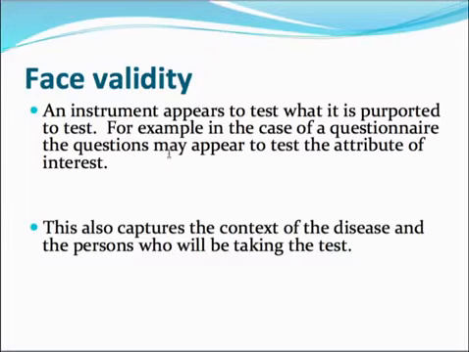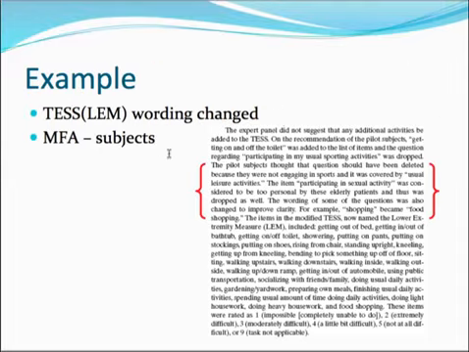Face validity has to do with content validity that we talked about before, which is just that the instrument appears to be measuring what it's supposed to. The example here is that they tested that in this study for the LEM by asking subjects, and some thought that some of the questions on the questionnaire should be deleted, so they went ahead and deleted those in developing them.